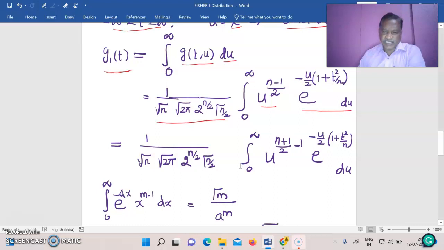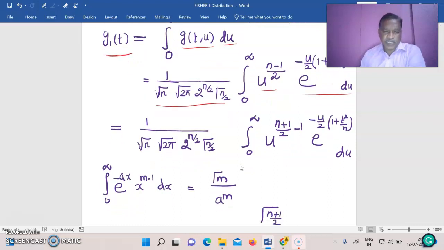Then in the next step, as usual the constants are the same as in the previous step, integral 0 to infinity. We make a simple modification: u power (n plus 1) by 2 minus 1. When you simplify (n plus 1) by 2 minus 1, it will give us (n minus 1) divided by 2.